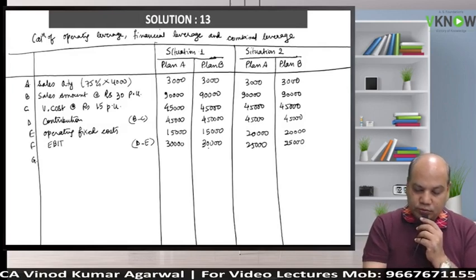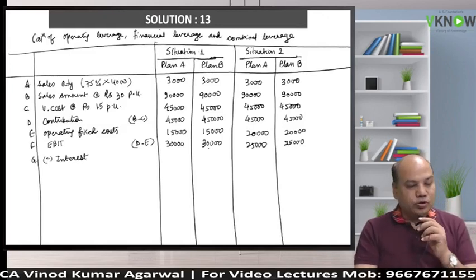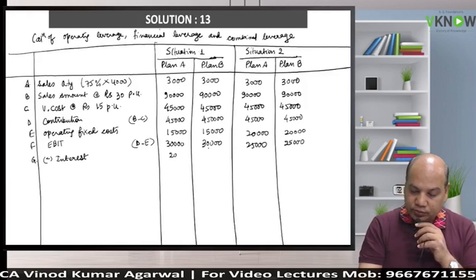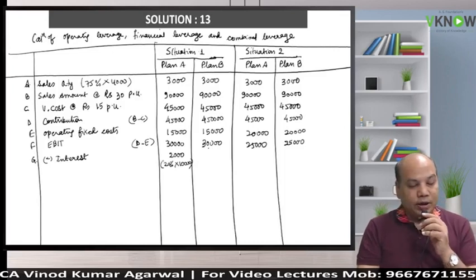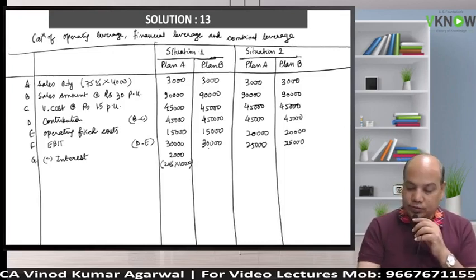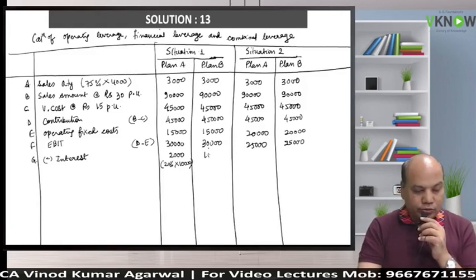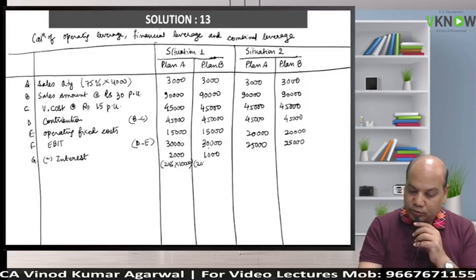Point number G, write down less interest. In plan A, first column, interest will be 20% of 10,000, which is 2,000, and in plan B it was 20% of 5,000, which is 1,000. In bracket write 20% into 5,000.